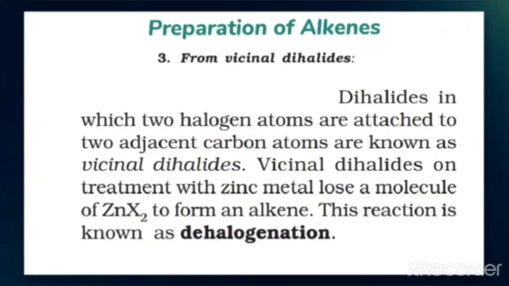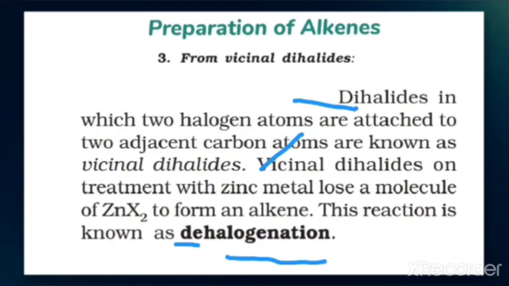Vicinal dihalides on treatment with zinc metal lose a molecule of ZnX2 to form an alkene. This reaction is called a dehalogenation reaction. As I told you, de means removal, so the elimination of halogen takes place; therefore it is called dehalogenation.